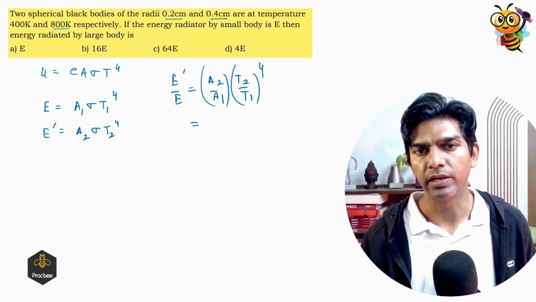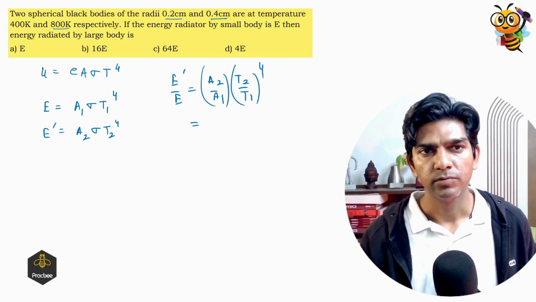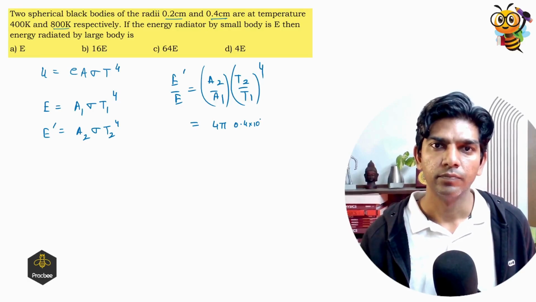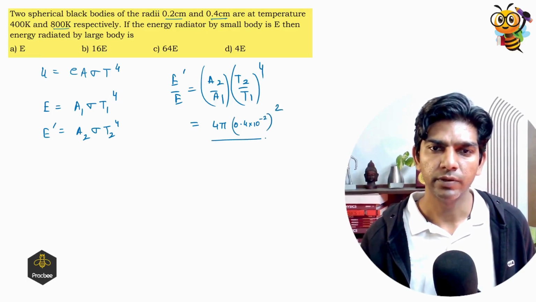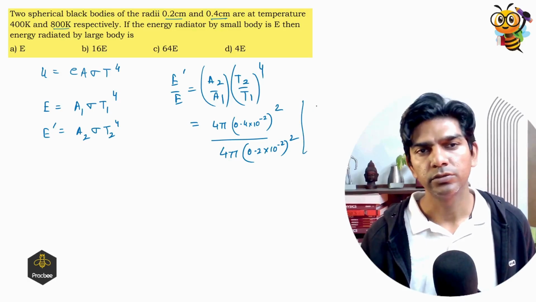So let us substitute the value. So the surface area of the second body, or the bigger body, is 4 pi (0.4 into 10 raised to power minus 2) square divided by 4 pi (0.2 into 10 raised to power minus 2) square. And the temperature is also given.